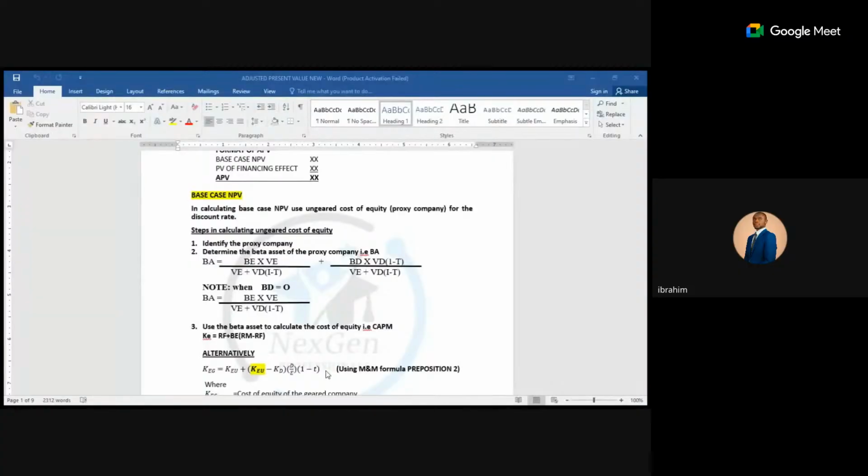The first approach is to identify the proxy company, then determine the asset beta of the proxy company. That is, calculate the asset beta.